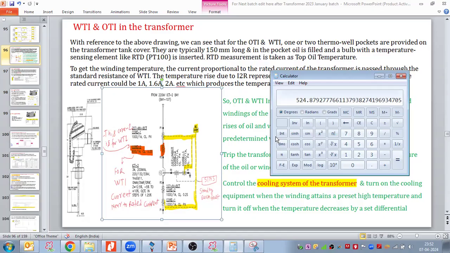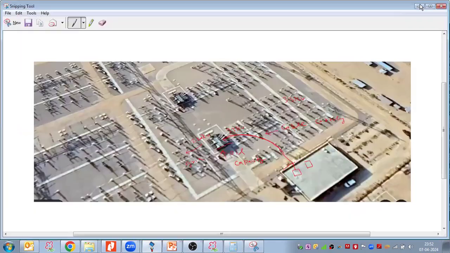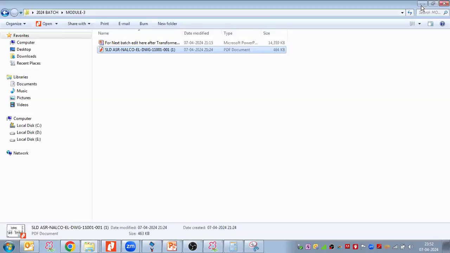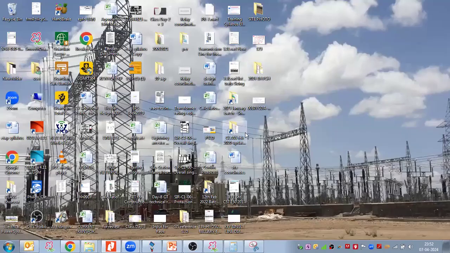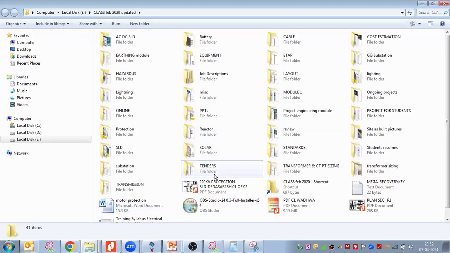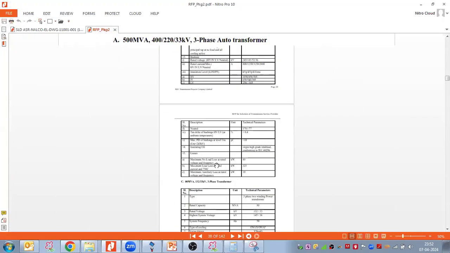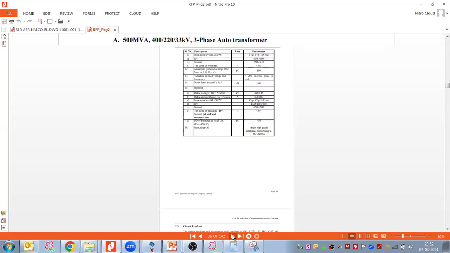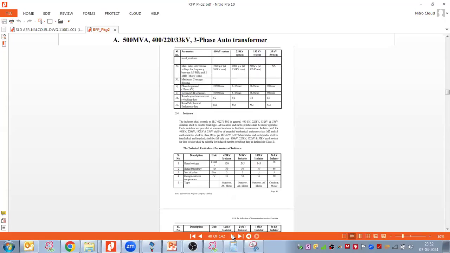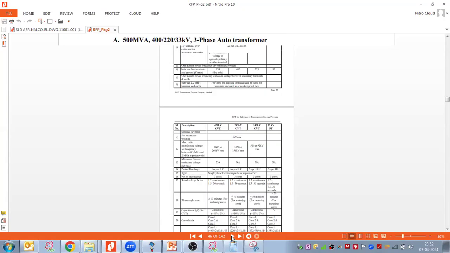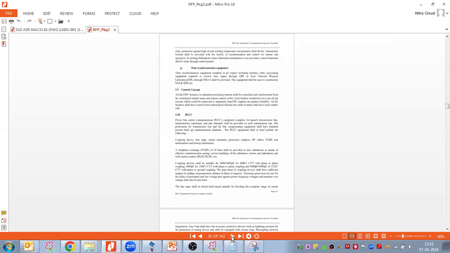Due to that reason, this CT rating comes to 1000 here. Okay, sir. If I check that tender, I think I can show you in that RFP, we have followed the technical specifications for the CT. Anyway, CT sizing we have discussed, so you can go as per that rating. Yes, sir. Because normally bushing CT is included with the transformer scope. That may be a reason.